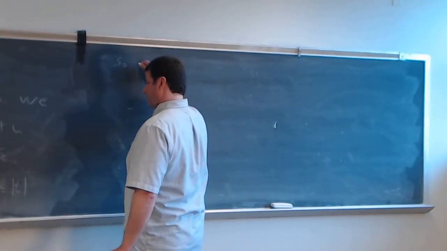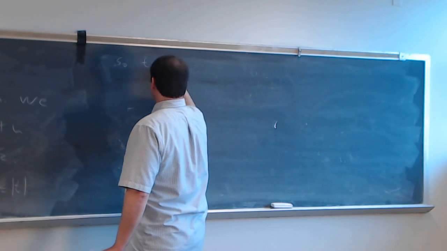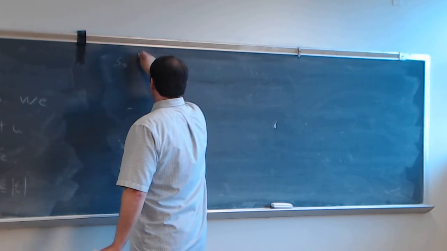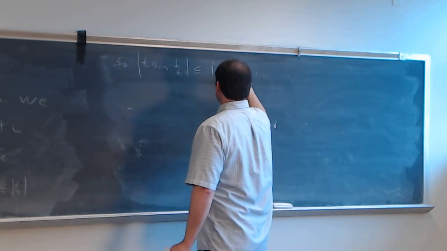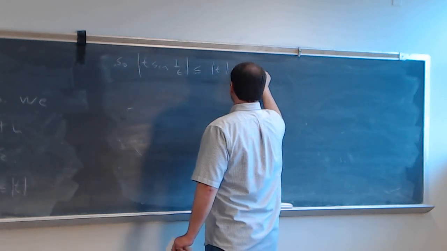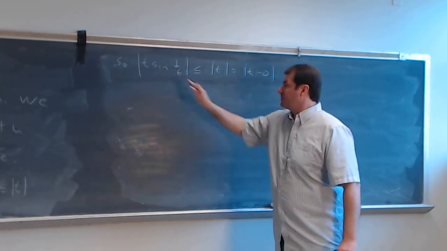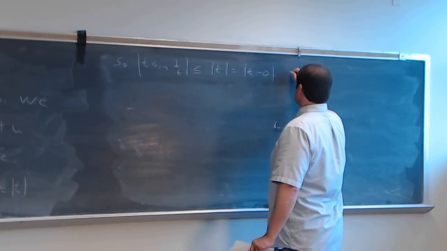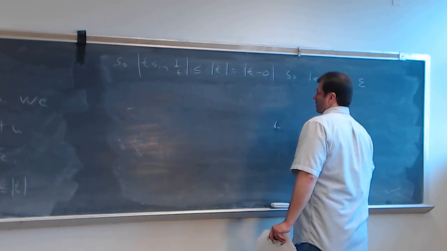So, just restating, the absolute value of t times sine of 1 over t is less than or equal to the absolute value of t, which equals the absolute value of t minus 0. And so we want this to be less than epsilon. Well, let's make this less than epsilon by letting delta be equal to epsilon.